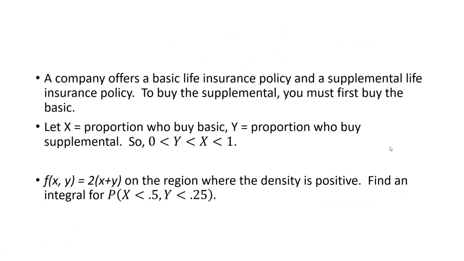All right, so let's look at another example. A company offers a basic life insurance policy and a supplemental life insurance policy. To buy the supplemental policy, you must first buy the basic. Let X be the proportion of customers who buy the basic policy, and Y be the proportion who buy the supplemental policy.